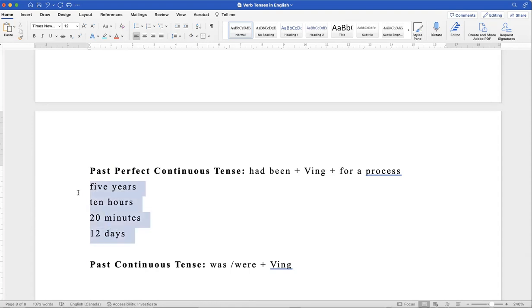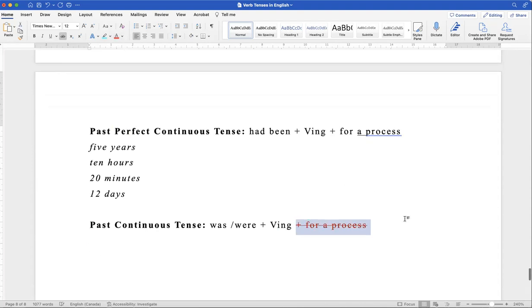We always use a time expression here, a process here. For plus process, but in this one, we cannot use for plus a process. It's not possible. In this one, we don't use any process after past perfect continuous. This is the basic difference between past continuous and past perfect continuous tense.